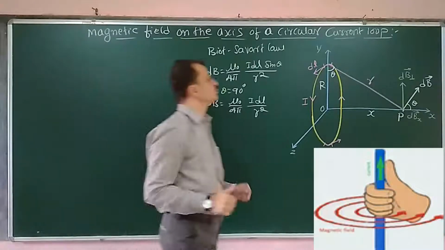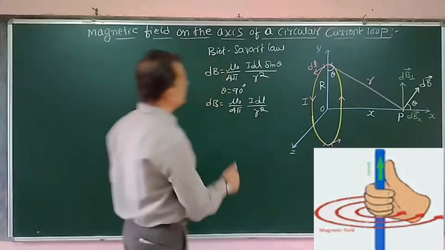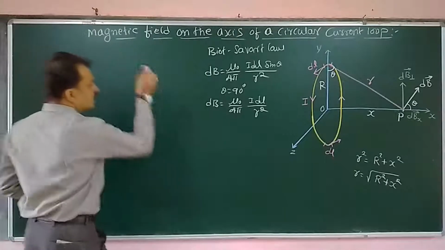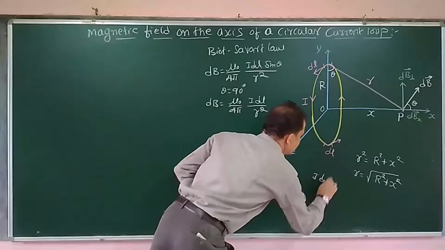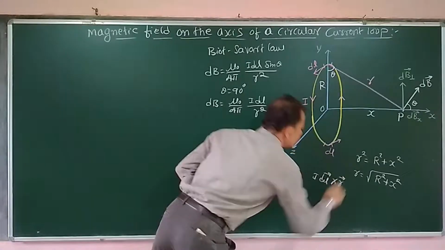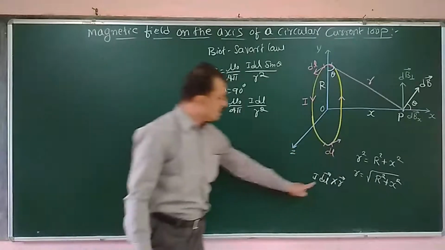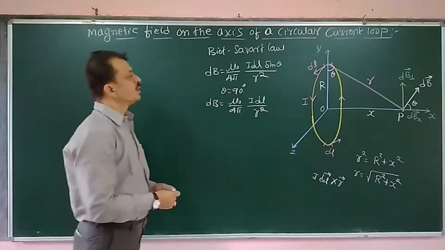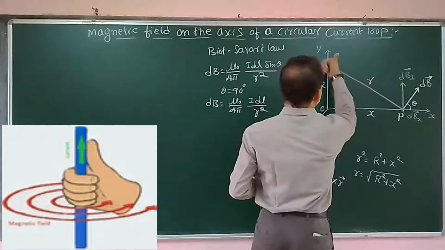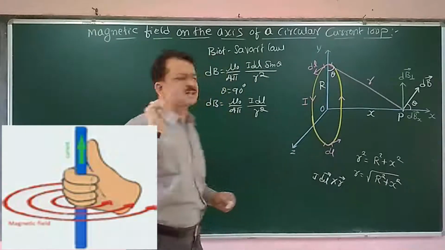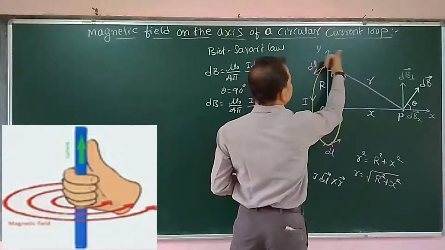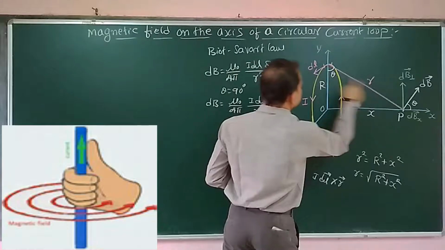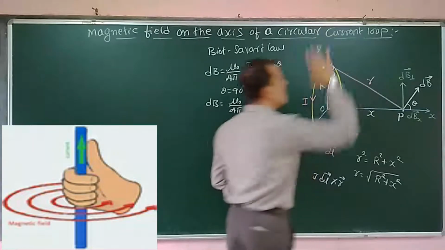Here, while writing the Biot-Savart's law in the vector form, we have taken I dl cross r. So dl is the first vector and r is the second vector. Therefore, if I curl the four fingers such that it indicates the cross product from dl to r, dl is along this direction, r is along this direction, we are traveling from dl to r.